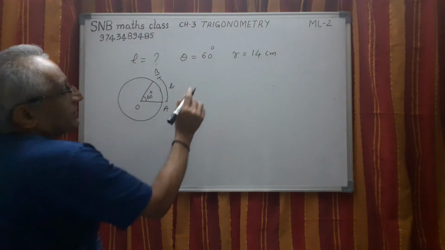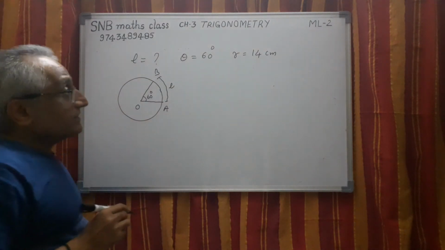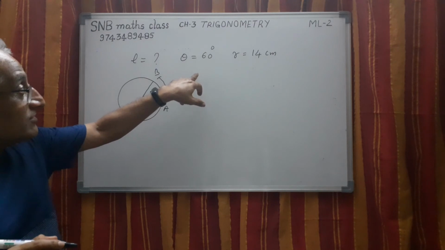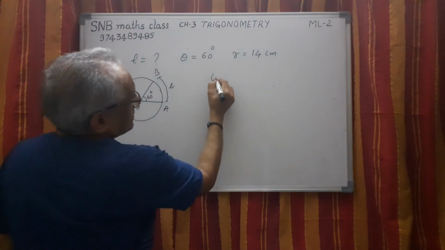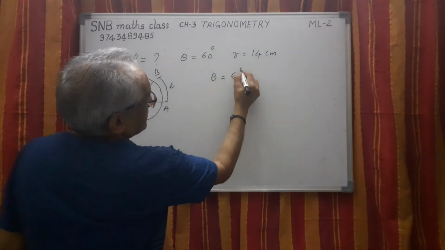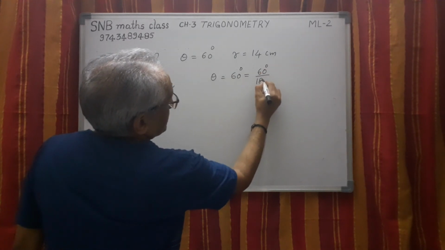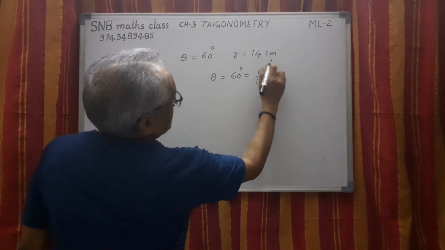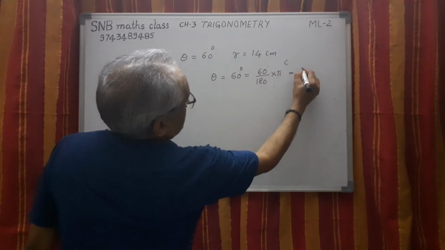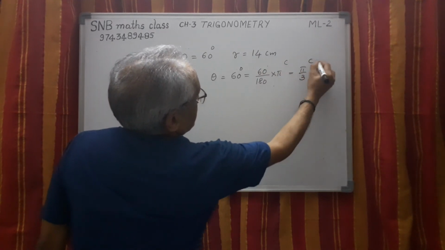So now theta is given in degree measure. First you have to convert it into radian. Therefore theta should be equal to 60 degree. This is same as 60 degree by 180 into pi radian. So this is pi by 3 radian.